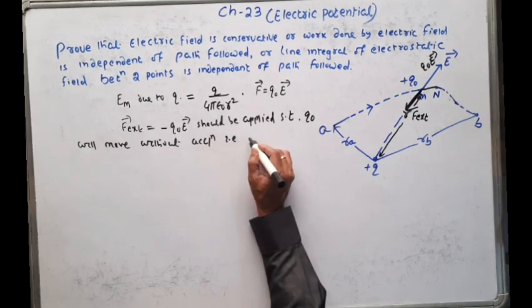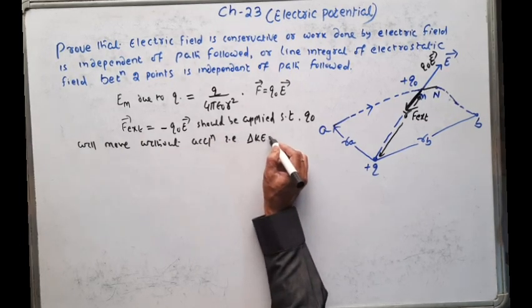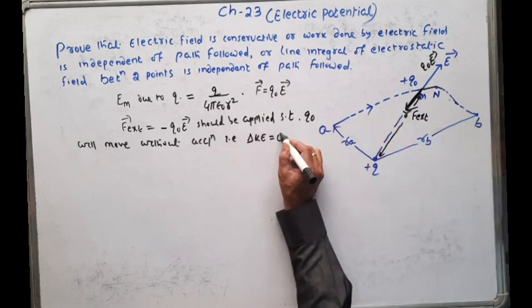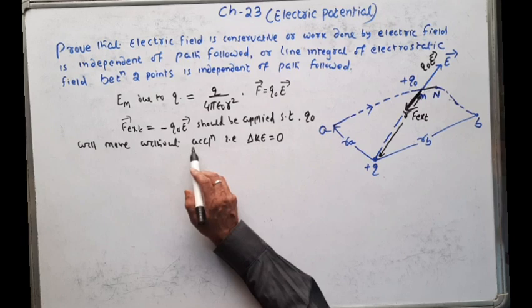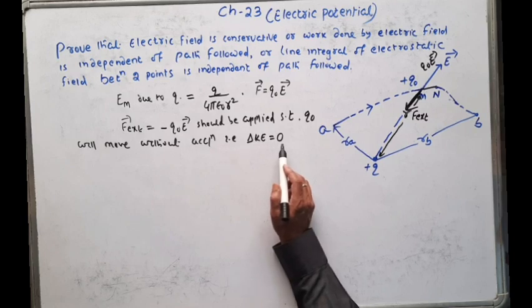That is, the change in kinetic energy from A point to B point is equal to 0, because without acceleration it will move at a constant speed, and if it is moving at a constant speed, the change in kinetic energy is equal to 0.